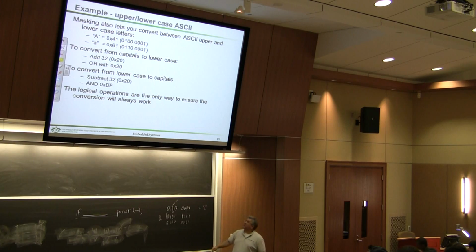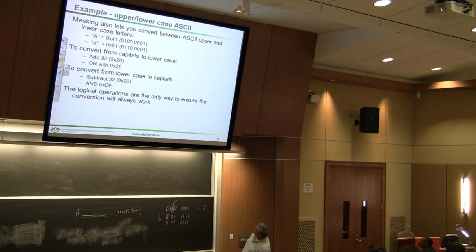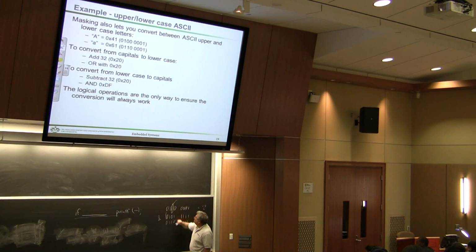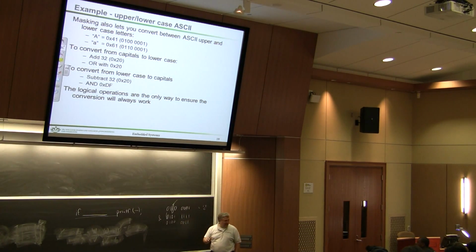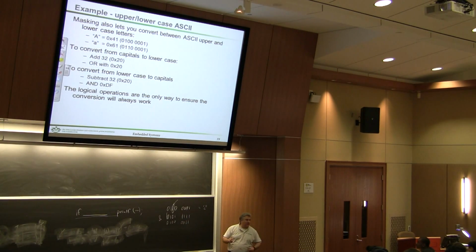And in fact, is that what I have up there? Yeah, DF, right? The other alternative is, I know that this is the value 32, so I can subtract 32 from whatever that variable is, whatever you define it as. Now, will this always work?